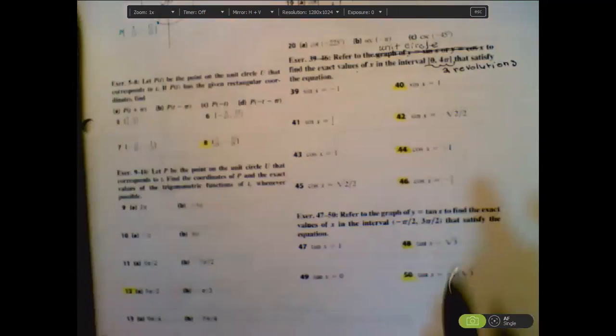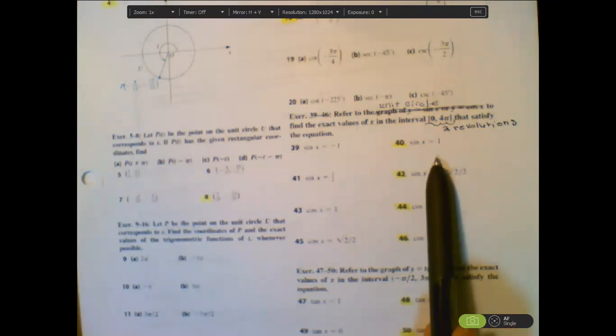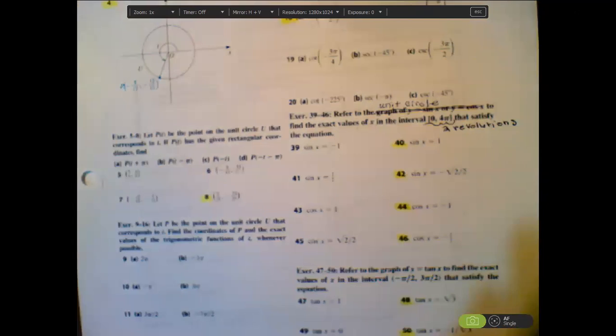So on number 40, that's really saying at what angles on the unit circle is the y value +1? Well, where on the unit circle is the y value +1? You can just tell me which axis. Y. On the y-axis, and if y is +1, it's going to be right here.